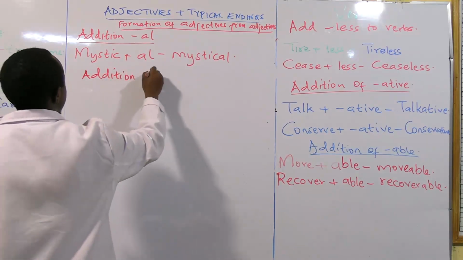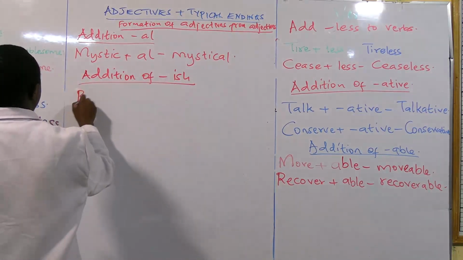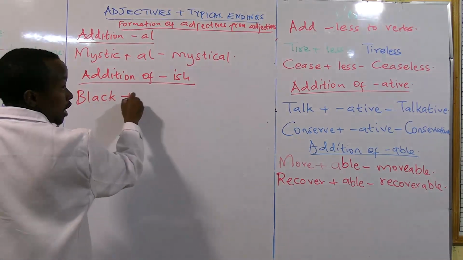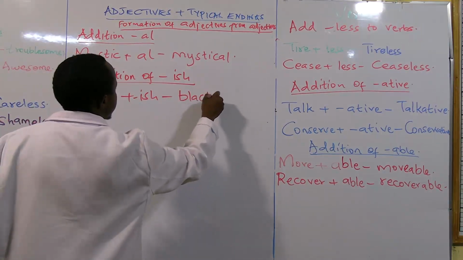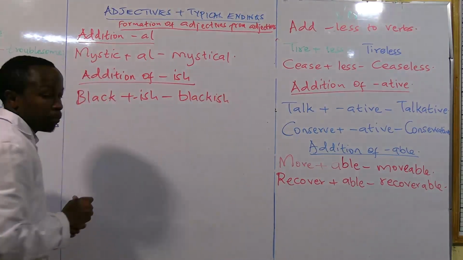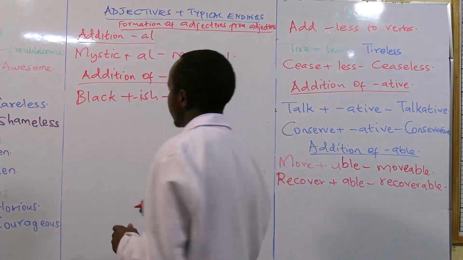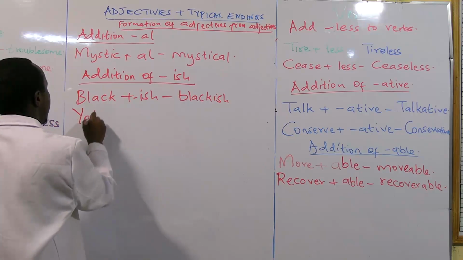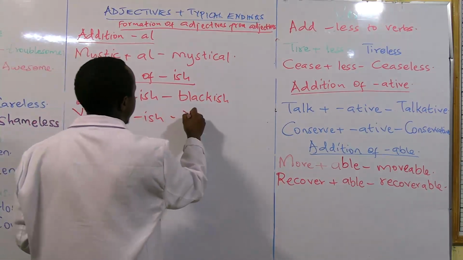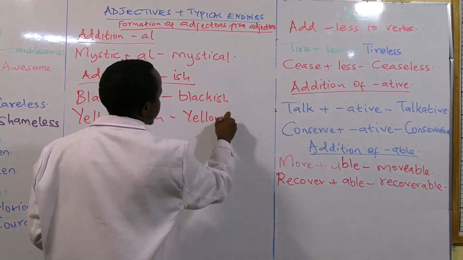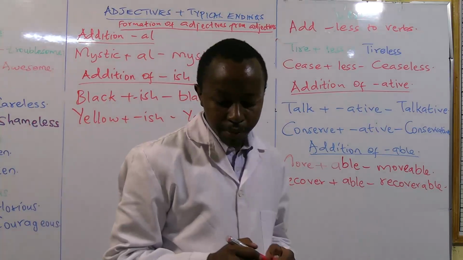Addition of ish, for example, black plus ish becomes blackish. Yellow plus ish becomes yellowish. That is very, very important.